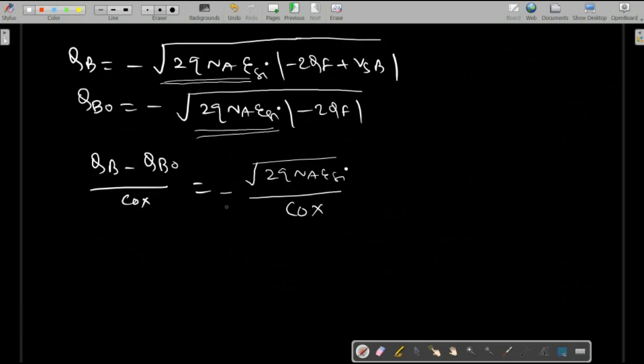Then we can write this part in this way: minus of root of 2QNA epsilon SI into root of minus 2 phi A plus VSB. Can I write in this way?